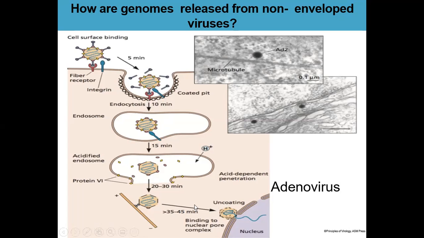So this genome is released within just an hour. The nucleic acid of the adenovirus is inside the nucleus, where it will perform replication and transcription, right? And they will travel through microtubules.